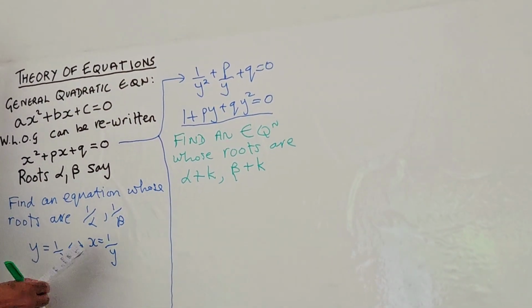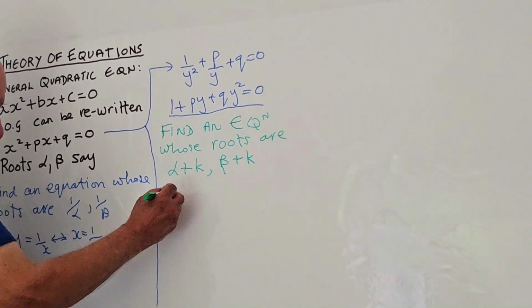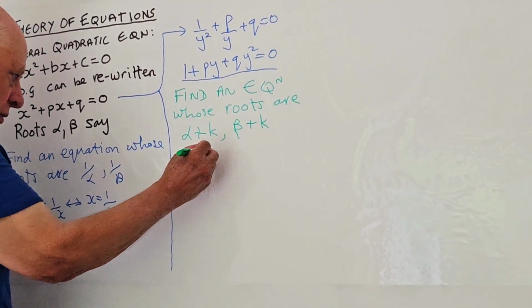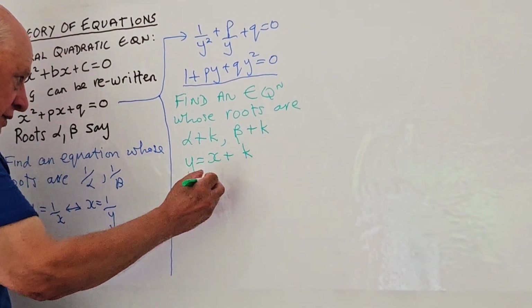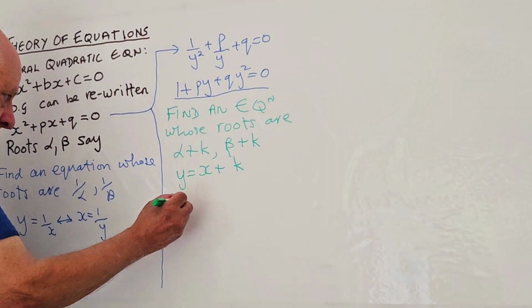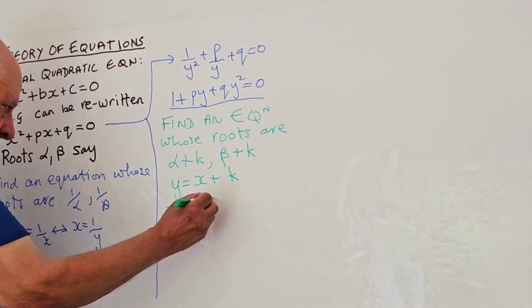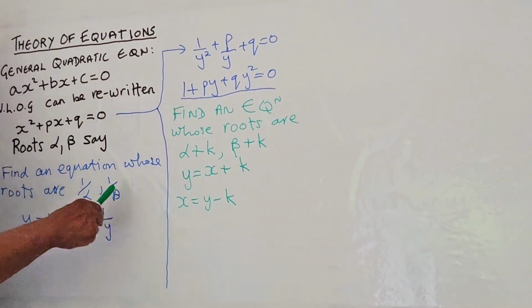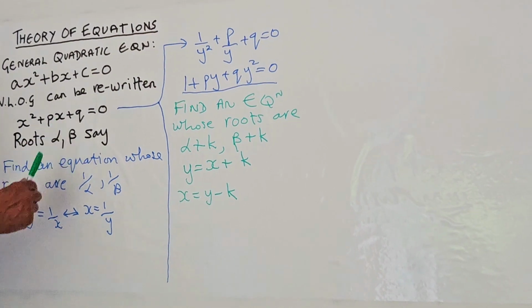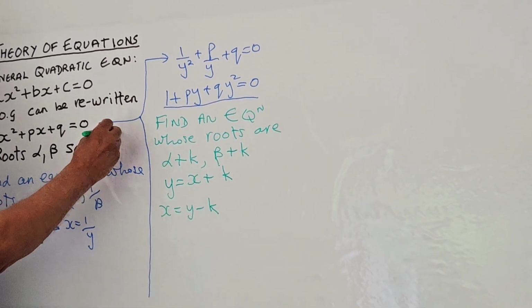So in other words, what we got this time, we got y is equal to x plus k. In other words, x is equal to y minus k. And we do as we did before, we substitute for x in the original equation here. So what do we get?